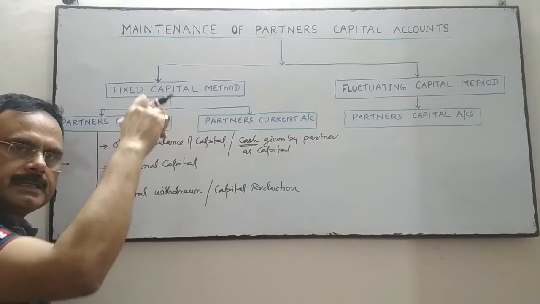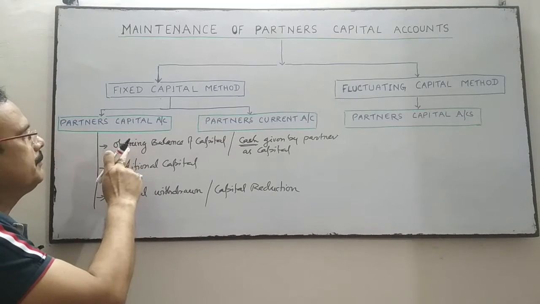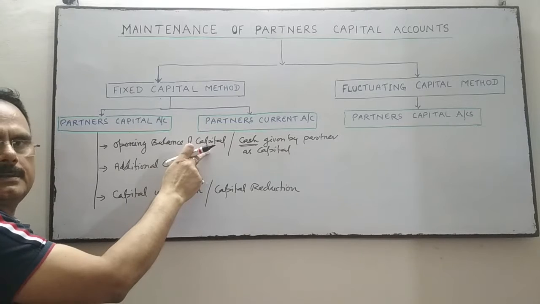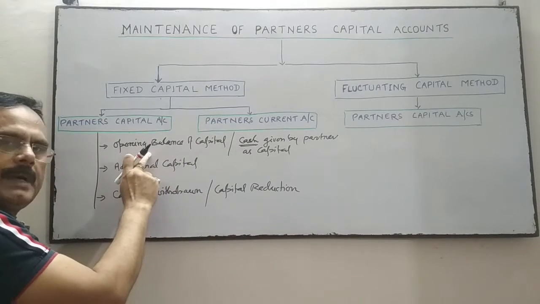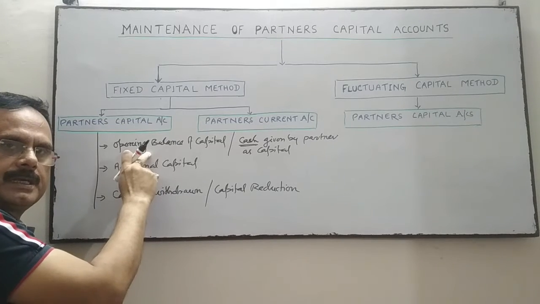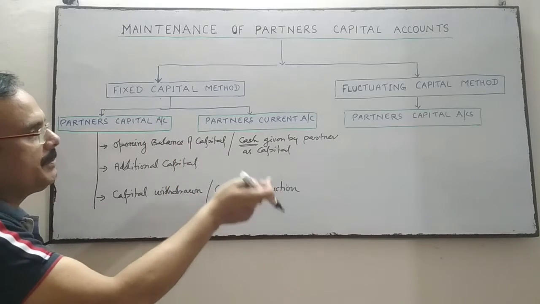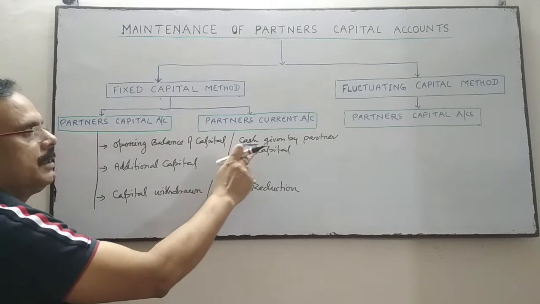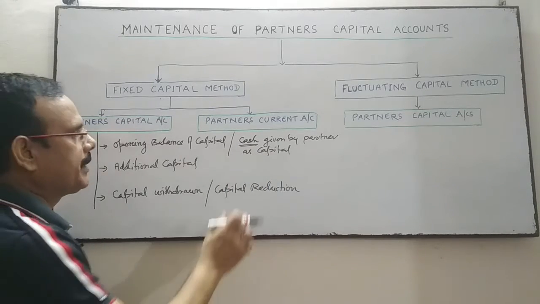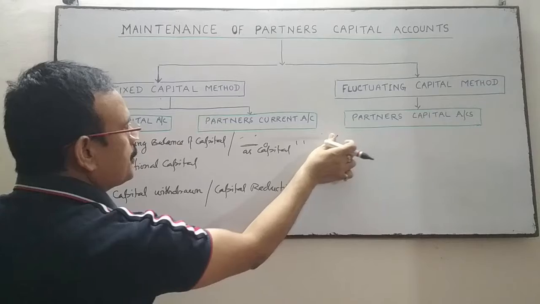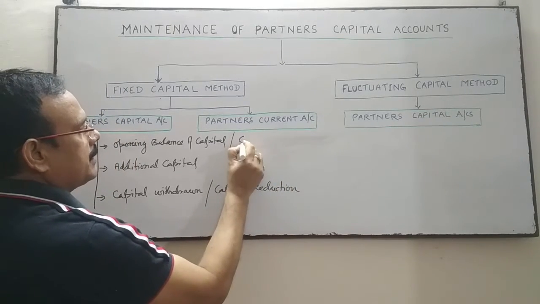So either one: opening balance of capital, if the business is carried on from last year, or if the business starts this year, then capital introduced by the partner. The better word is capital introduced.